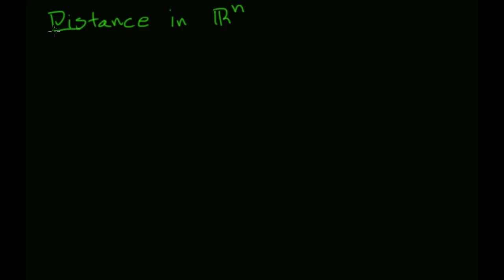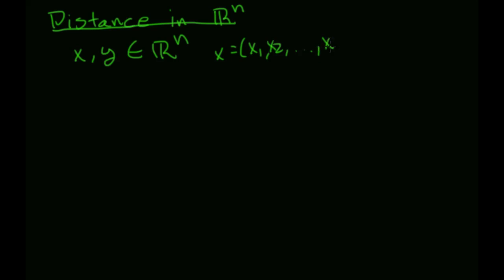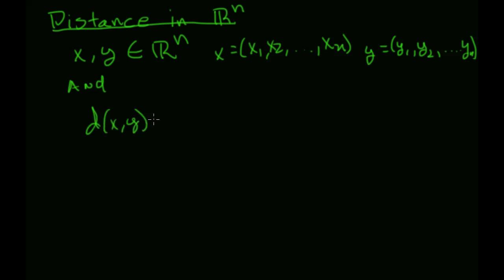Okay, so if I have two things which are both in that space, where let's say x is x1, x2 out to xn, so it's an n-tuple, and y is y1, y2 out to yn, it's also an n-tuple, right? And we have some function d that eats x and y and does a measurement here, okay?